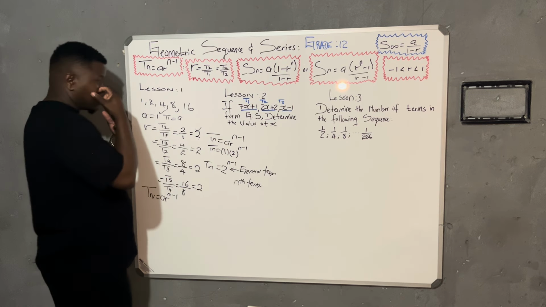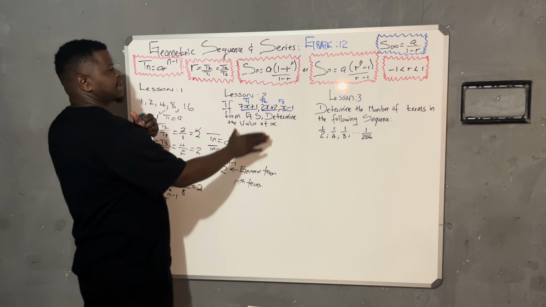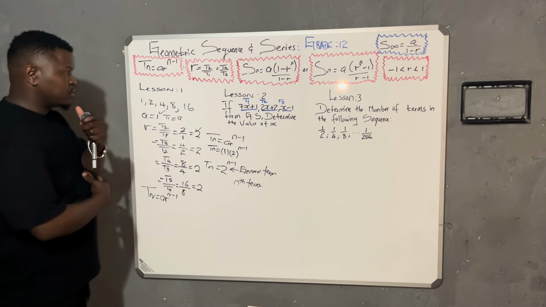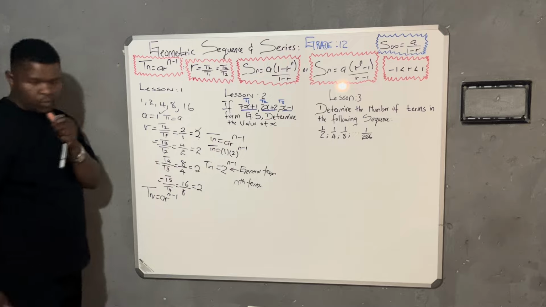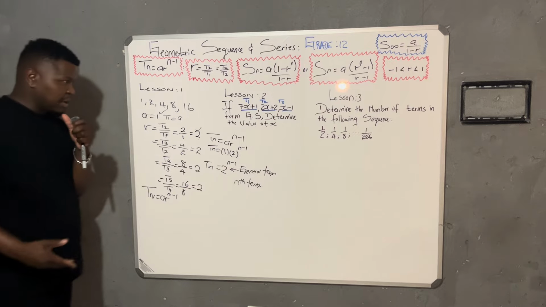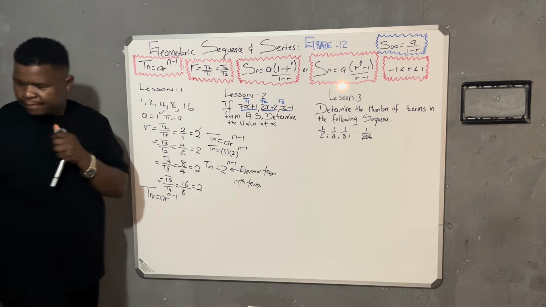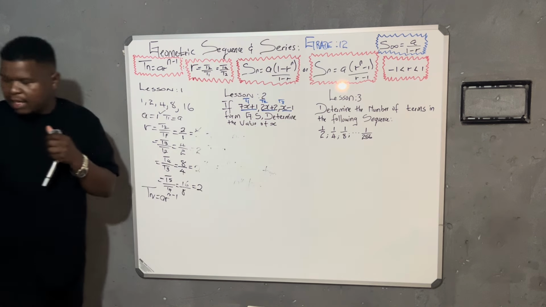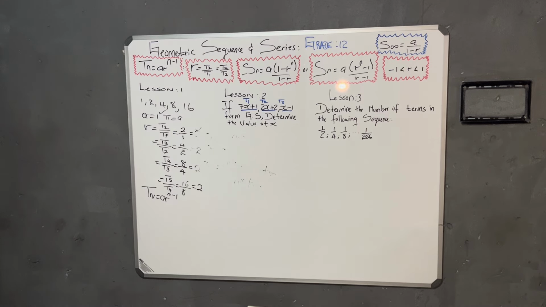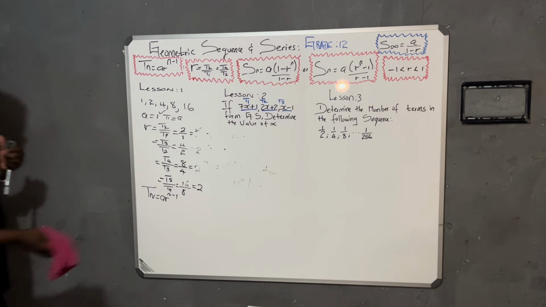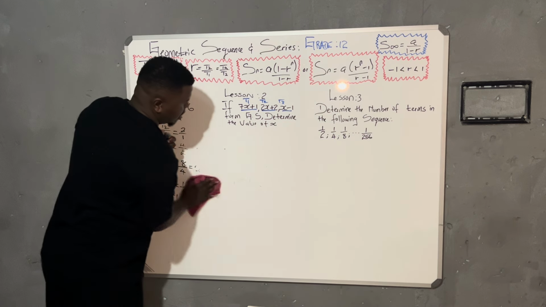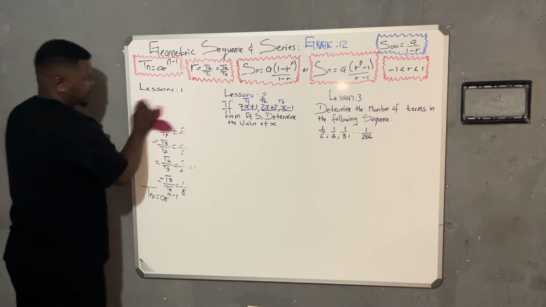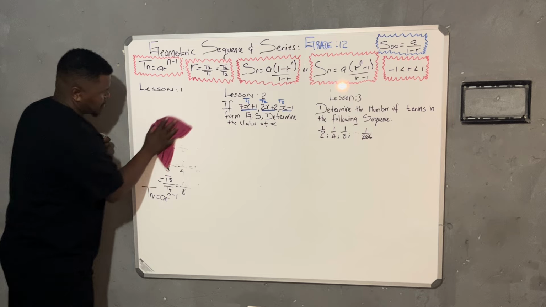Immediately when you're done, proceed with 3, so that by the time I'm providing the solution for lesson number 2, you are able to compare your solution with mine. Then if it is similar to mine, then we are winning. All right, now let me clear that so we can have enough space for more lessons.